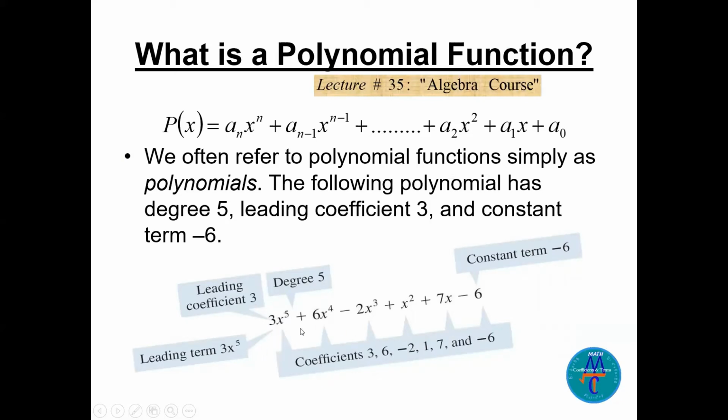And these are the coefficients: the 3, the 6, the minus 2 is the coefficient of x cubed, plus 1 here is the coefficient of x squared, 7 is the coefficient of x. And the constant term is minus 6. Also minus 6, we can say, is the coefficient of x to the power 0, because you can write minus 6 x to the power 0.